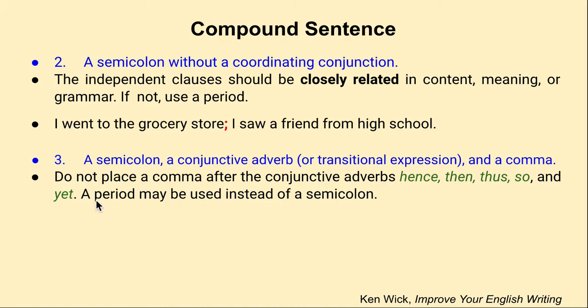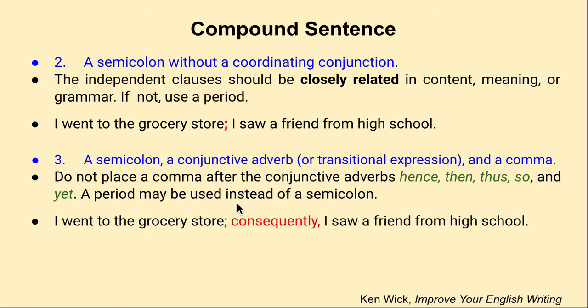And just a note, a period may always be used instead of a semicolon. So let's look at some examples. If this isn't really crystal clear, look at the examples and read the definition again. It'll make a lot more sense. So once again, the words in black are the independent clauses.